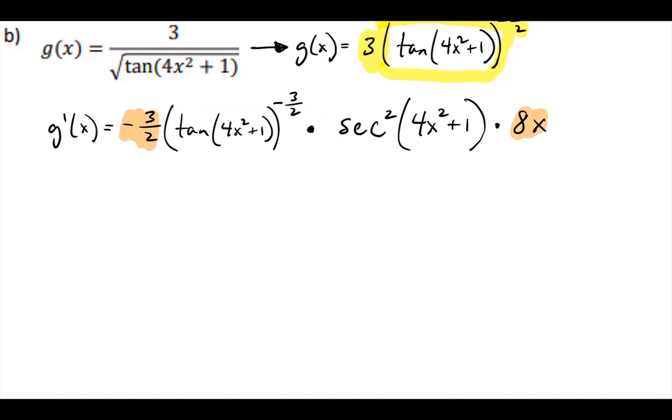So I can multiply those two together. What do I get if I multiply -3/2 with +8? -12x, yep. Good.